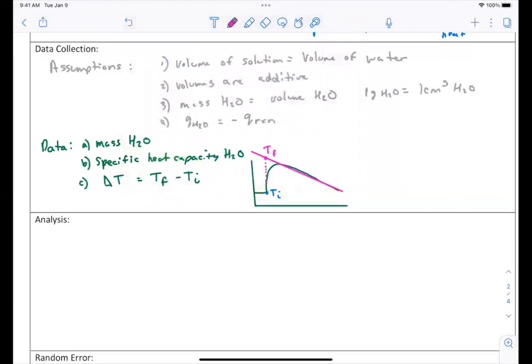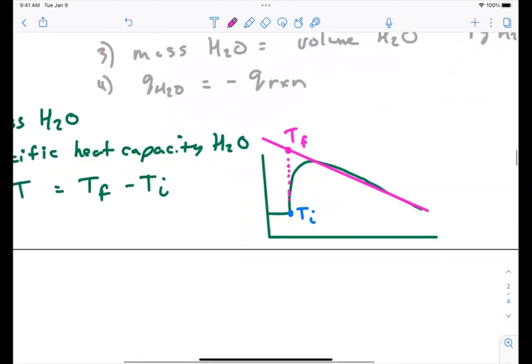Generally speaking, we figure out the final temperature by taking the cooling part of the line and extrapolating it back to as if the reaction happened instantaneously. So they might say, determine the final temperature of the experiment, and you'd have to work backwards with the graph to figure out what it would have been if it was instantaneous. So the correct final temperature is that point, the point I highlighted there, not the peak of the curve.